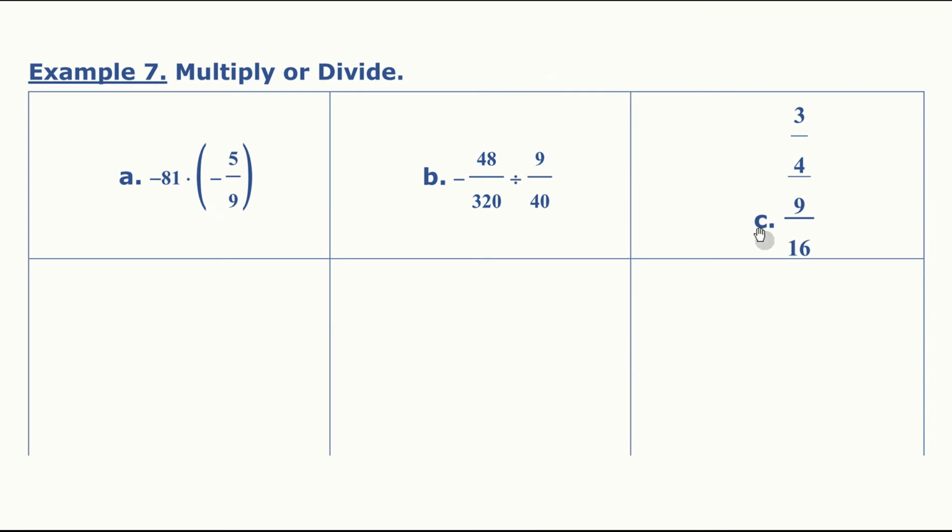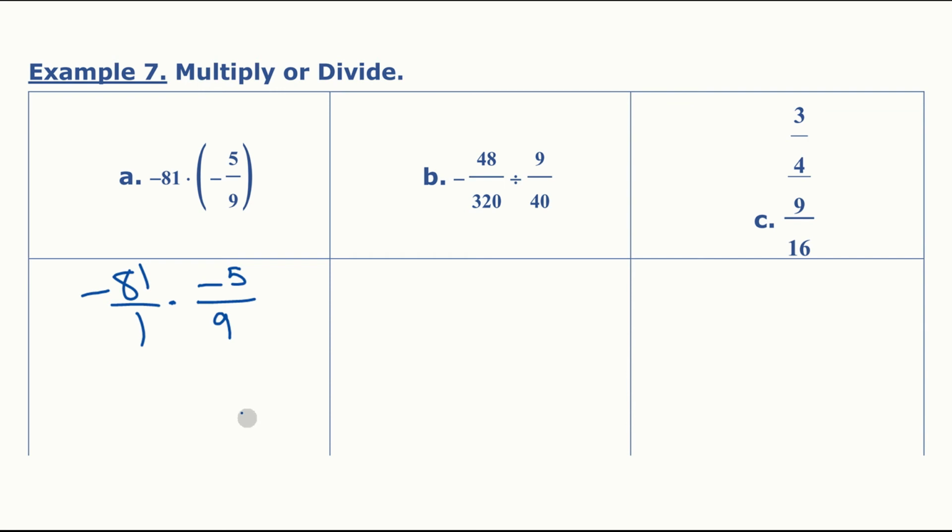All right, so let's go ahead and try some of these. Again, try them on your own first. All right, welcome back. So here we have negative 81, which we can, of course, always write as negative 81 over 1, times, as long as I put that negative on top, I don't need to use parentheses like that, okay?